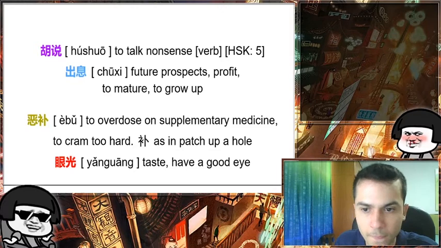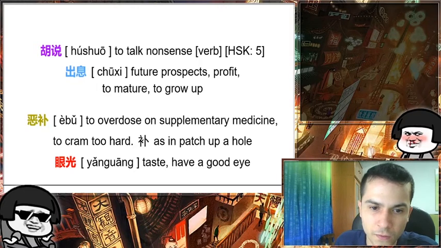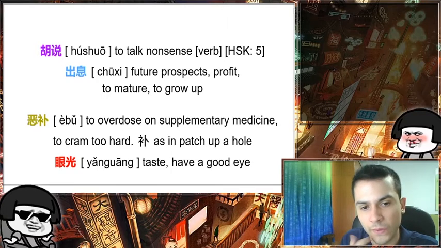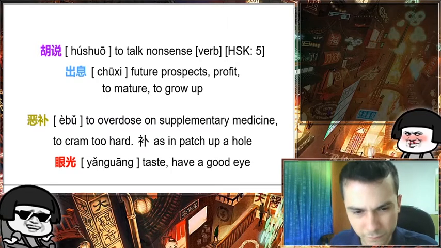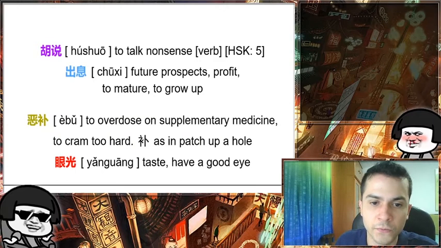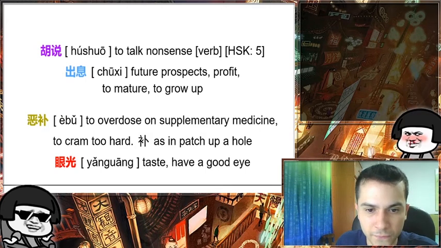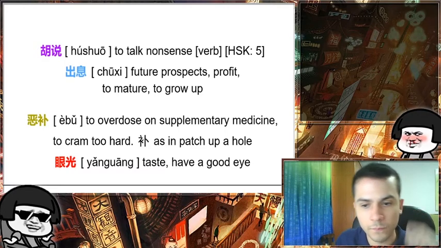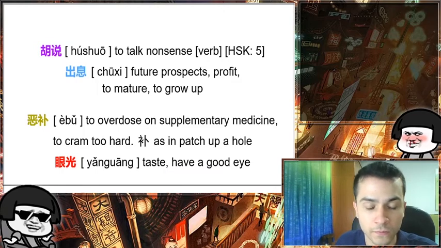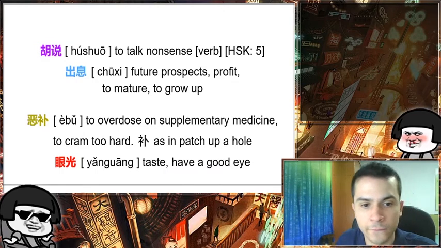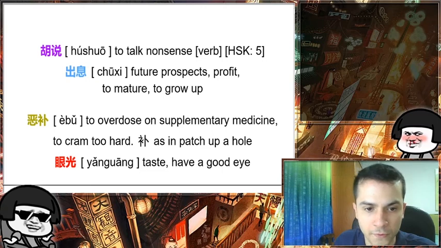So what else do we have here? 恶补. Okay, so 补 means to patch up a hole. So 恶补, it's like to correct, to patch up a hole, something that's wrong. So for example, if you need to study a lot because you need to prepare yourself for a difficult exam, then you have to patch that part of you that's bad, that lack of knowledge.